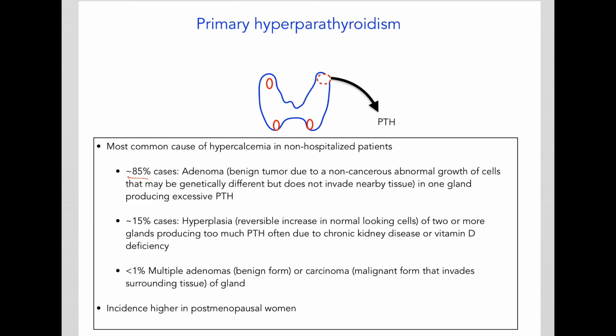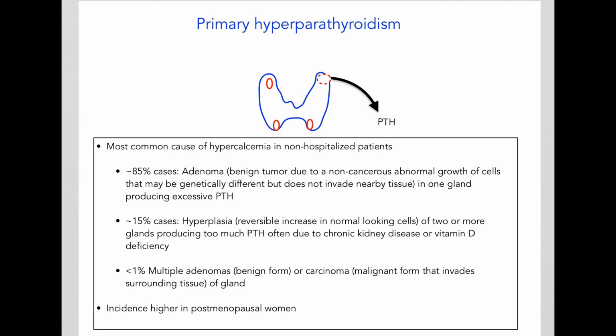The most common cause of primary hyperparathyroidism, which accounts for about 85% of cases, is adenoma in one gland. And this adenoma in that one gland produces excessive amounts of parathyroid hormone.